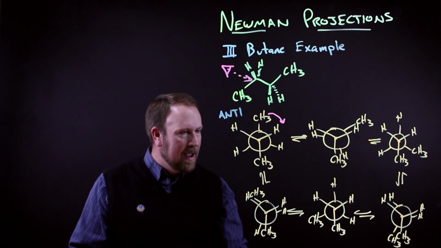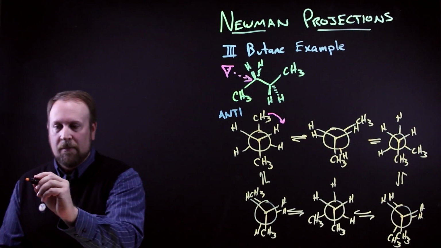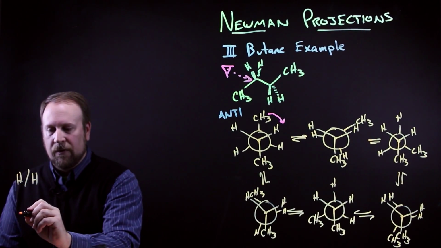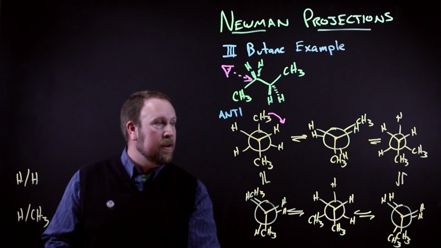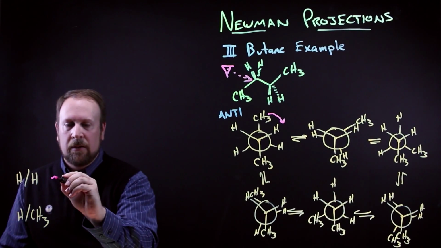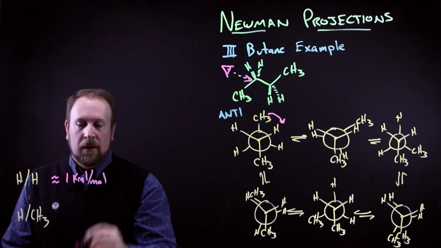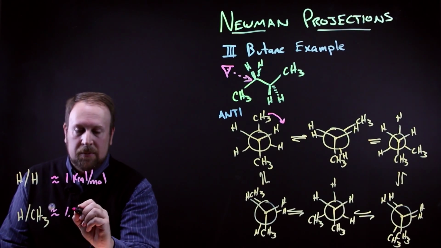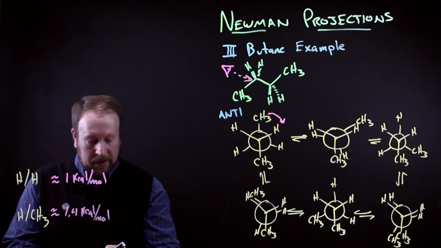So if we think about how bad those are going to be, we can actually try to measure those. So if we have a hydrogen-hydrogen eclipsing interaction versus a hydrogen-methyl eclipsing interaction, the hydrogen-hydrogen is going to be worth about 1 kcal per mole of destabilization, and that hydrogen-methyl is about 1.4 kcal per mole in destabilization.